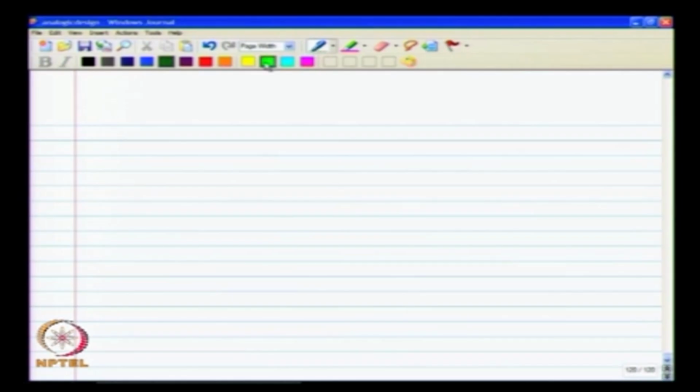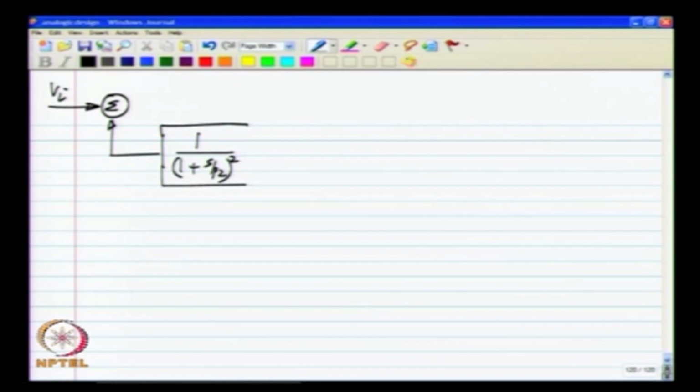So, let us repeat this for third and higher orders and see what happens. I will take the system we had analyzed earlier, where I will take two identical parasitic poles. The rest of the system of course remains the same.